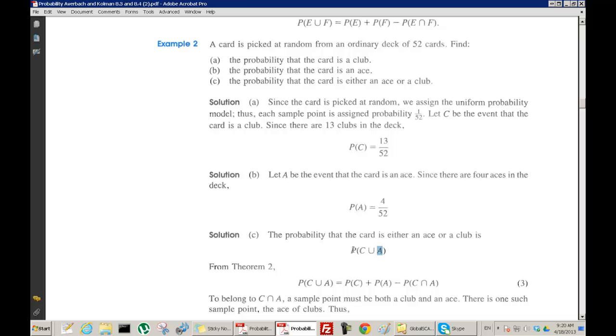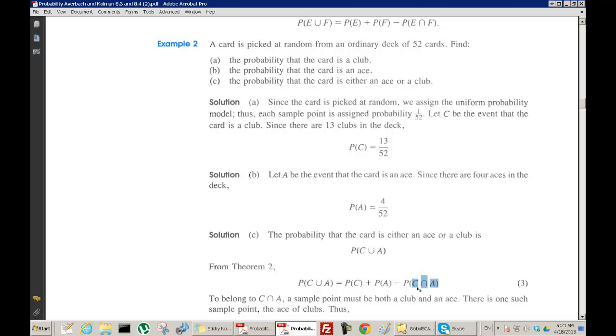Now we can use this theorem. So what does it say? It says this will be the probability of C plus the probability of A minus the probability of C intersect A. So what is C intersect A? That means it's both an ace and a club. That means it's the ace of clubs. There's only one ace of clubs.